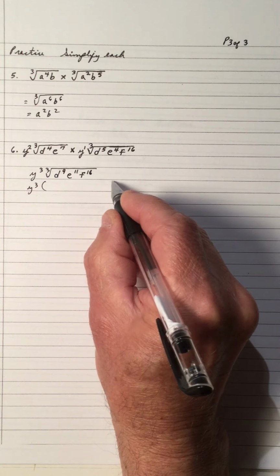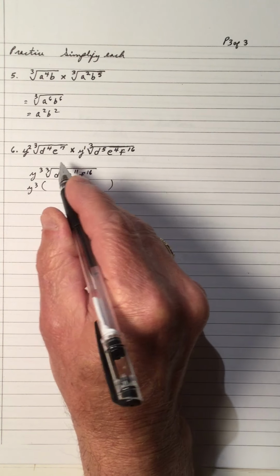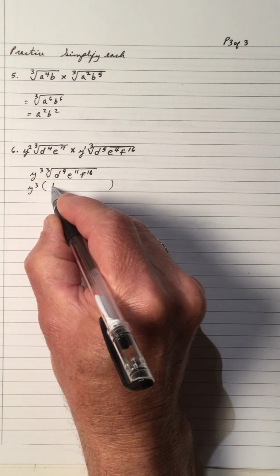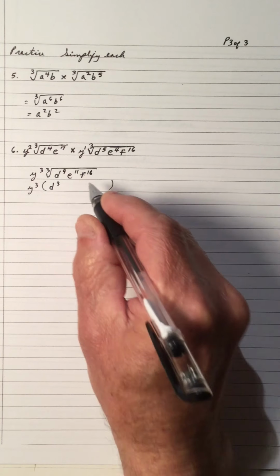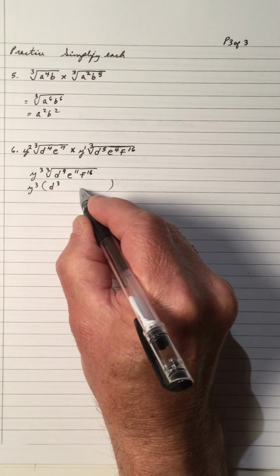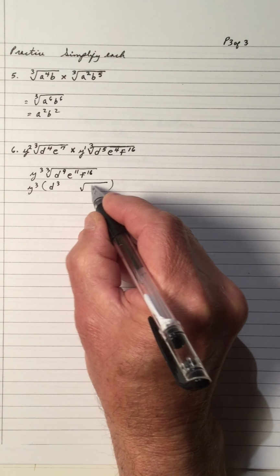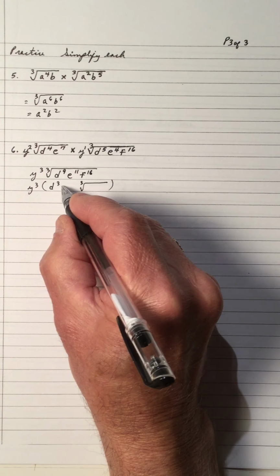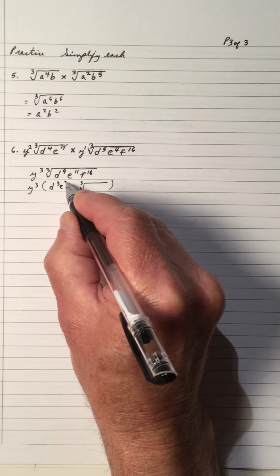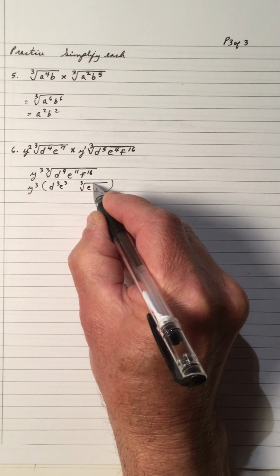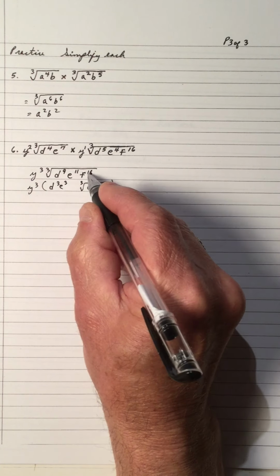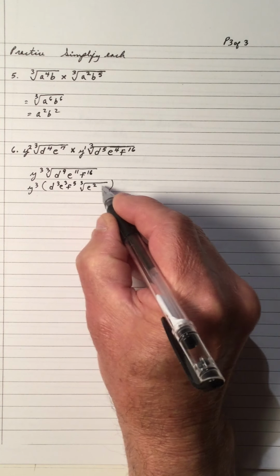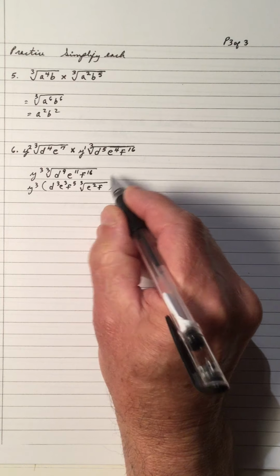So let's simplify the inside of this. The cube root of D9, 9 divided by 3 is 3, none left over. And we have cube root. 11 divided by 3 is 3, and 2 left over. 16 divided by 3 is 5, and 1 left over.